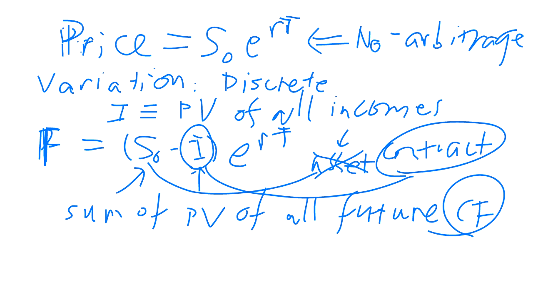So you are going to have to subtract this I from the S0 because it's a part of the value that you are not receiving. So the fair price will be taking S0 minus I. Okay, as the board is getting a little bit messy, let me create a new board and talk about the second variation.